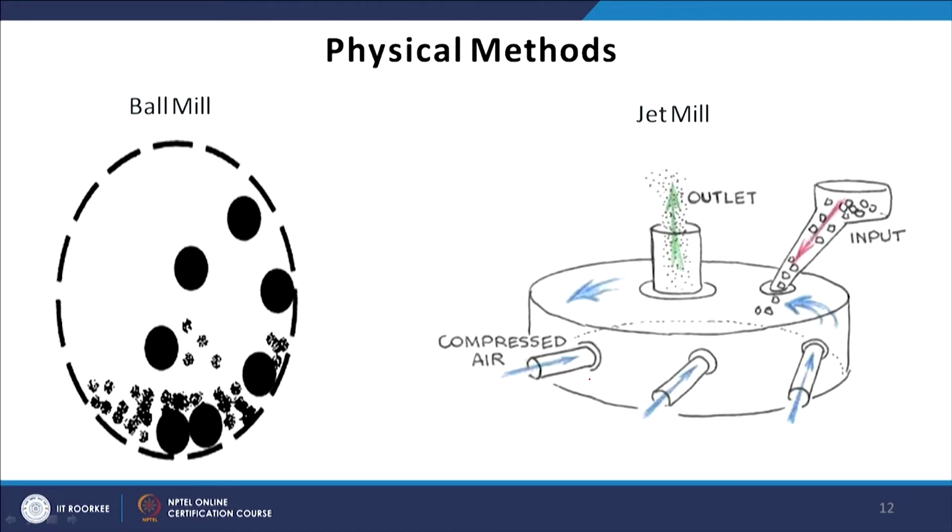You have a spherical crucible, and you first put in your large particles, and then by mechanical force the milling happens, and by successive collisions and the force of the grinding, it becomes smaller and smaller particles. And in a jet mill, we use compressed air, and at the input we use the larger particles, and by fluxing the compressed air and by the rotation of the jet mill, the smaller particles come through the outlet.